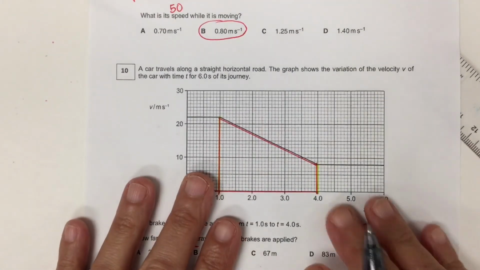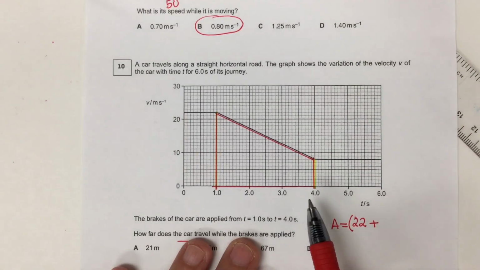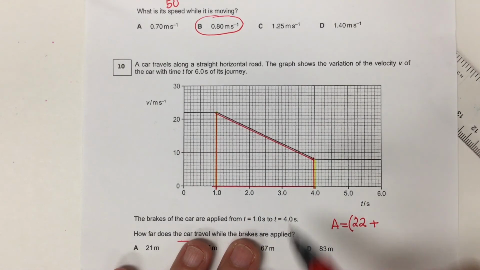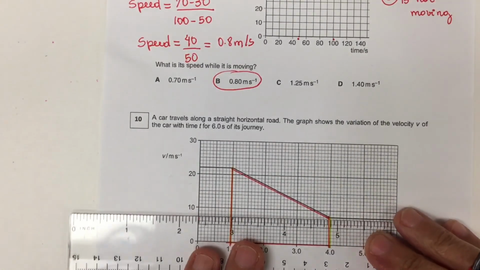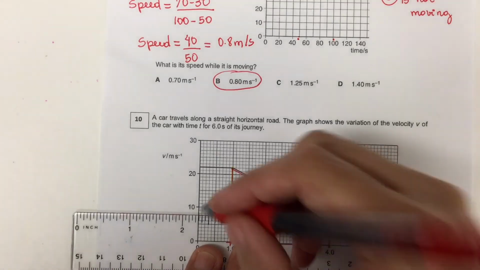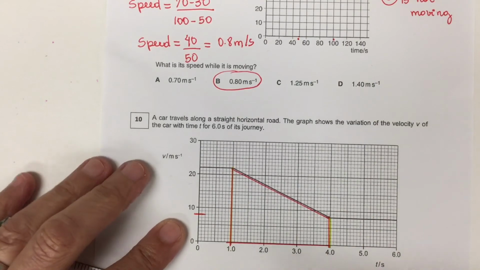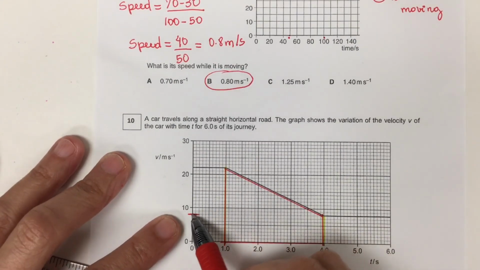Plus, the difference between 4 and 1, that's the height, but I'm looking for the smaller base. Each box is 1, so here should be 8.